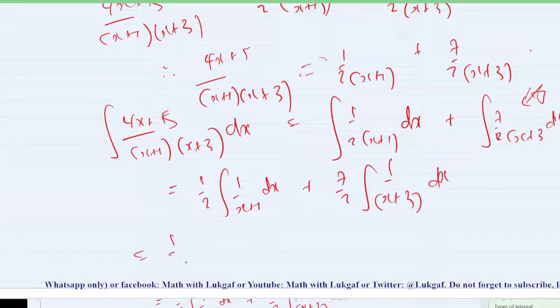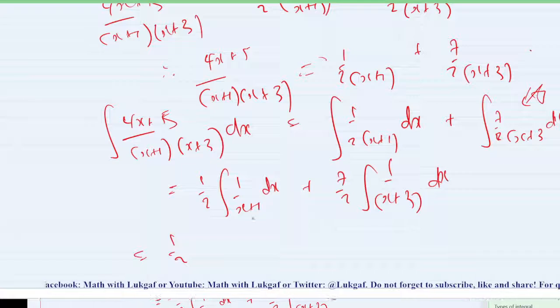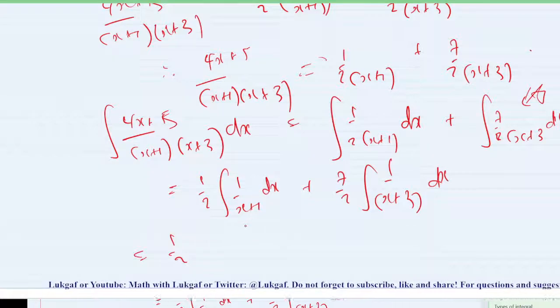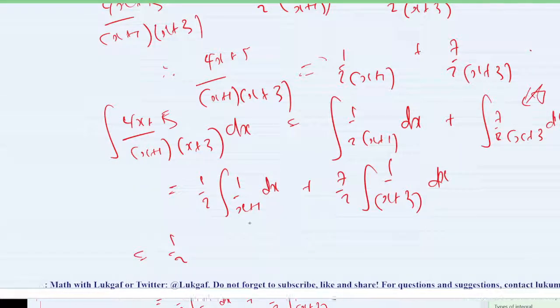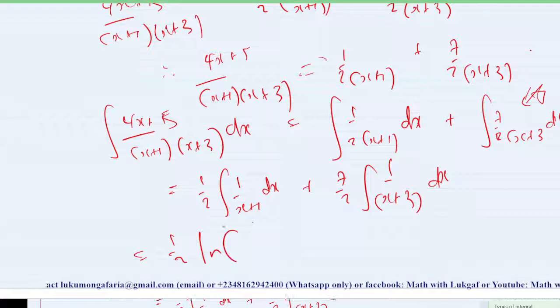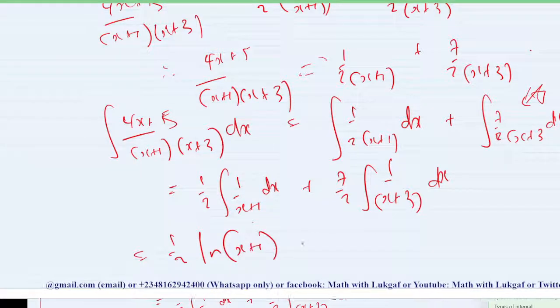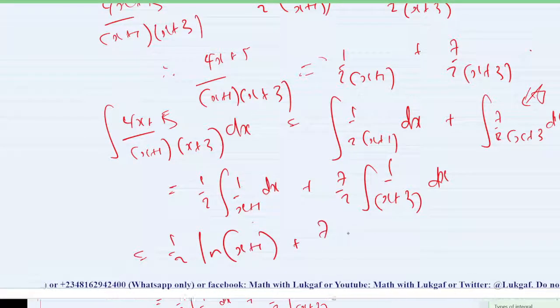And don't forget, what is the integral of 1 over x plus 1? Remember, I told you if you have an integral in terms of a fraction, just check the denominator, whether if you differentiate it, you are going to have your numerator. You have x plus 1 here. If you differentiate x plus 1, it's going to give you 1. Then you are going to have this integral as ln of x plus 1, plus 7 over 2.